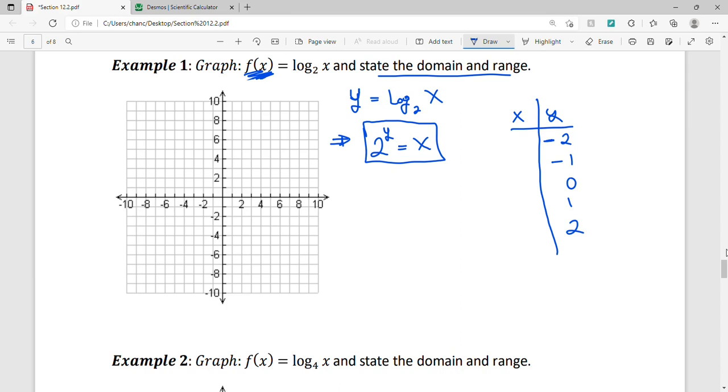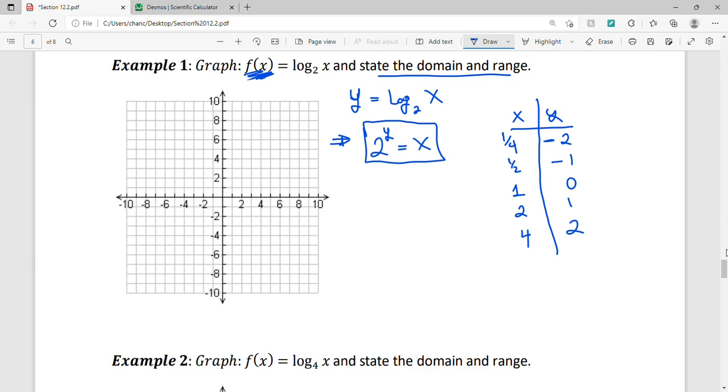What is 2 raised to the -2? That's going to give us 1/4. And you could check that with a calculator. 2 raised to the -1 is going to give me 1/2. 2 raised to the 0 is 1. 2 raised to the 1 is 2. And 2 squared gives us 4. We'll be able now to graph the values of this logarithmic function.